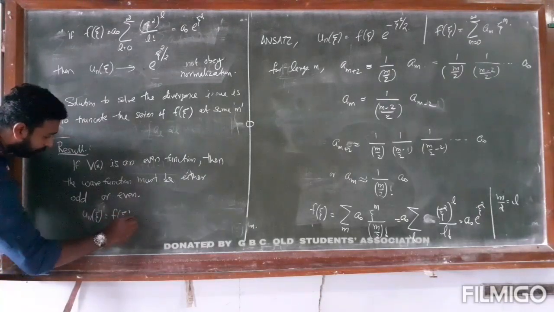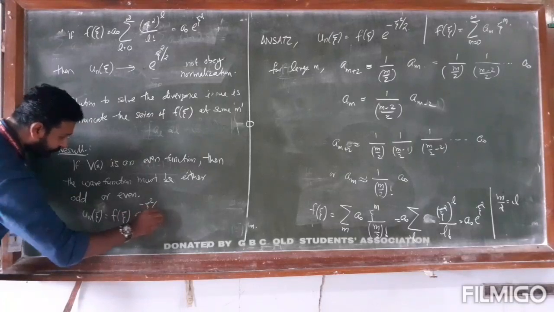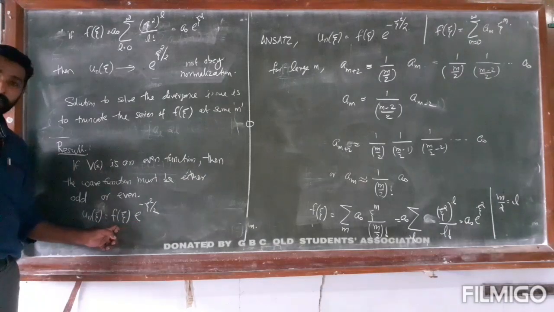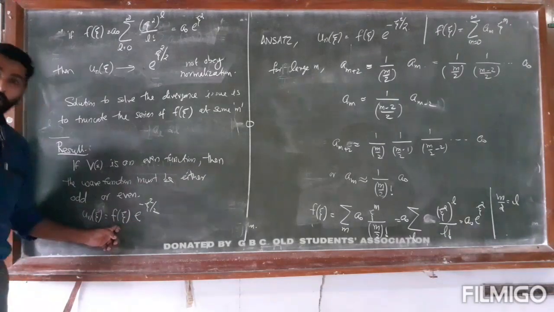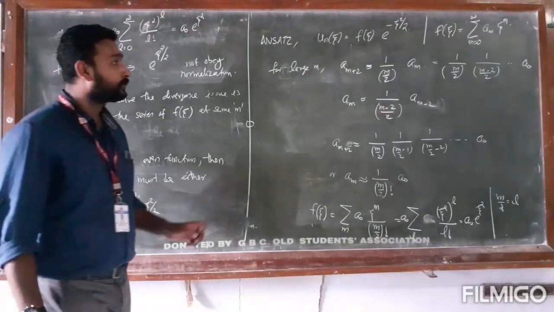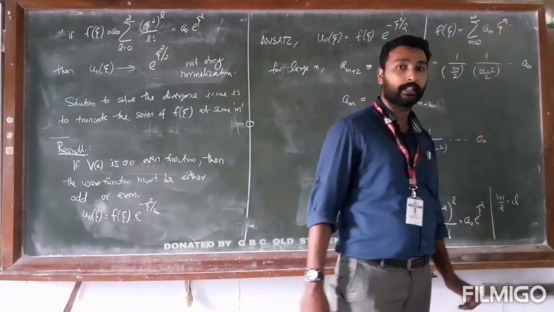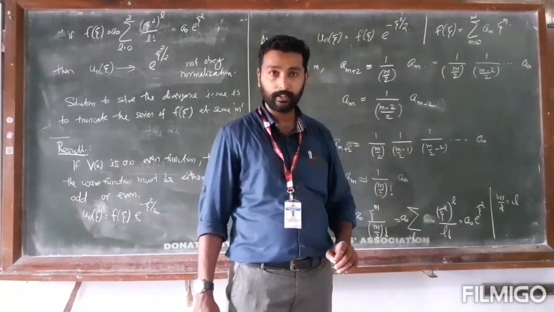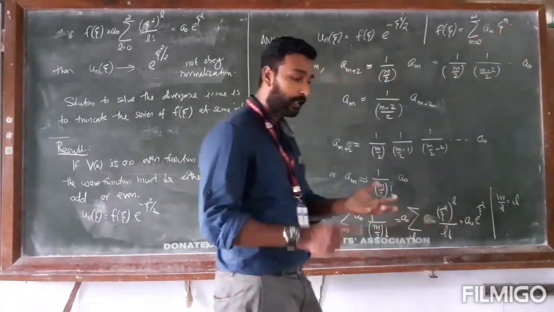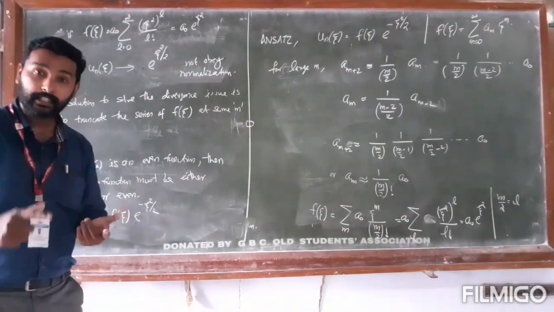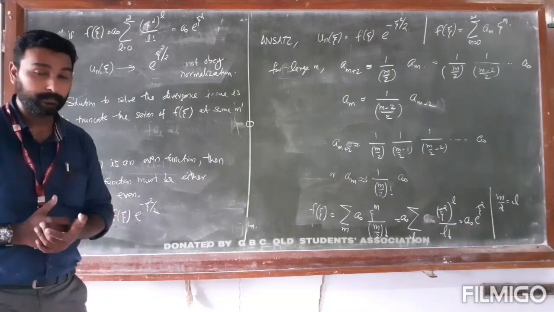So if you look at un of theta, it is a product of f of theta and e raised to minus theta square by 2. Now e raised to minus theta square by 2 is always an even function. Therefore, f of theta can take either an odd form or an even form. If f of theta is an odd function, it should have only odd powers of theta: theta raised to 1, 3, 5, etc. Then it cannot have theta raised to 0, 2, 4 terms.